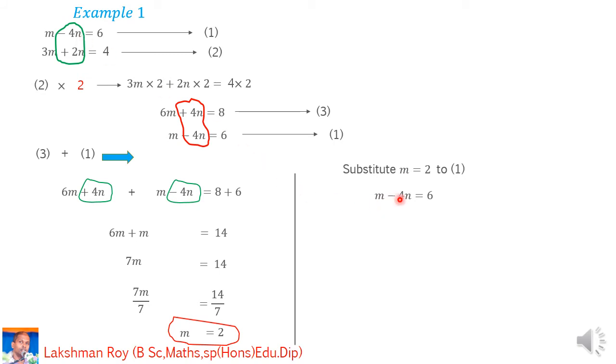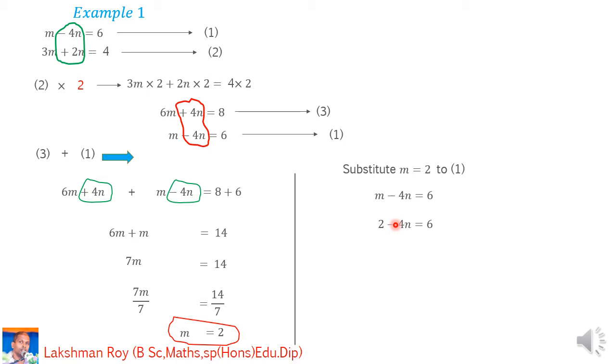So I put m as 2 right here: 2 minus 4n equals 6. Now you have to find the n term. 4n means 4 multiplied by n, but that term is negative.